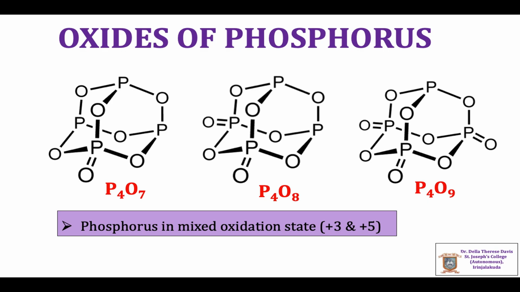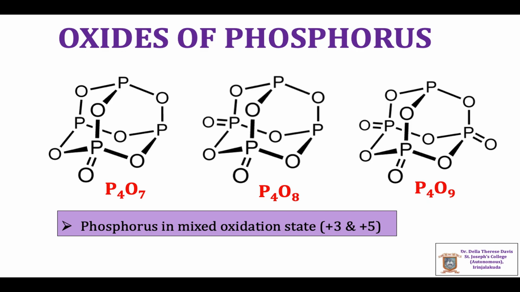In P4O7 there is one terminal oxygen. In P4O8 there are two terminal oxygens, and in P4O9 there are three terminal oxygens.